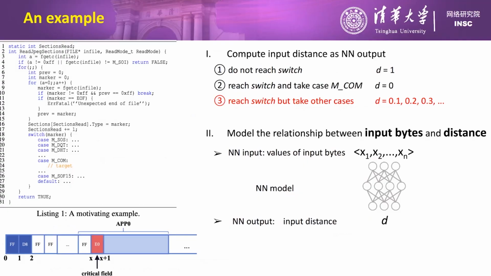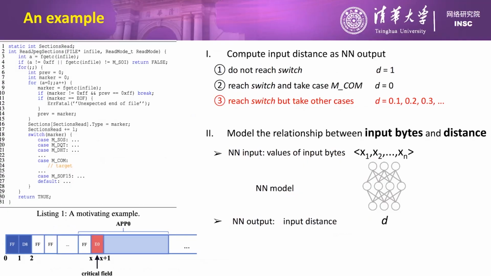For inputs that reach the switch and take the case M_COM, which are exactly the inputs we want, we give them distance 0. And notice that for inputs that reach the switch but take other cases, whose distance is supposed to also be 1 in existing directed fuzzers, we give them different values between 0 and 1 to distinguish their branching behaviors.